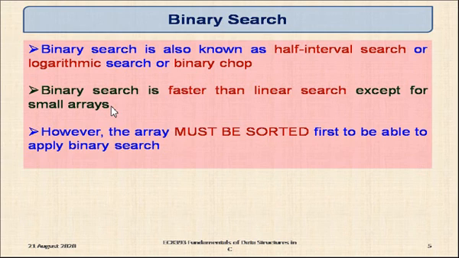That we will be seeing when we discuss the algorithm, right? And one more condition, or we can say prerequisite for binary search, is that the array or the list, the set of data, must be sorted before applying the binary search algorithm. That is the meaning of the third statement: the array must be sorted first to be able to apply binary search.